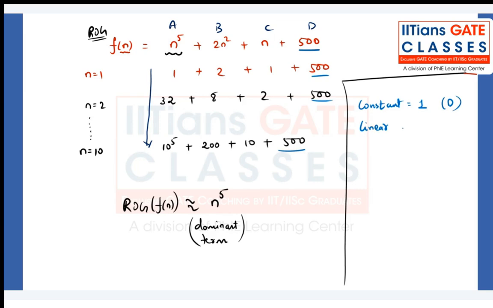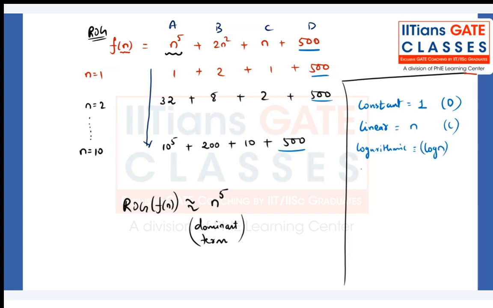Then there is a linear rate of growth. As you keep on increasing your input size, your running time increases linearly. So in this example again, which term is growing linearly? Exactly, C, correct. So linear is C in this. There is a logarithmic rate of growth, which will be denoted as log n.